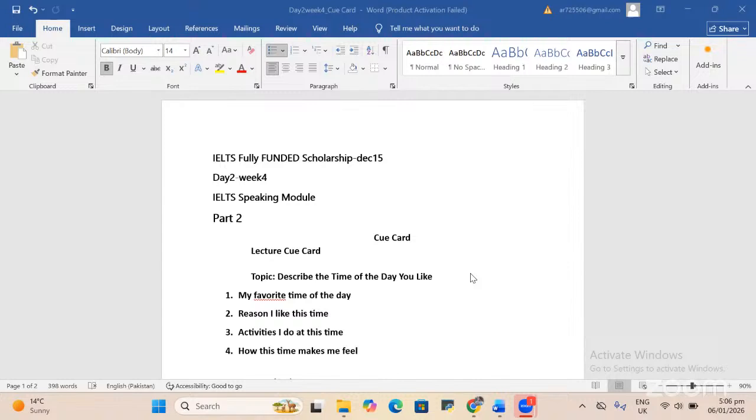These 4 points describe how you can develop your ideas and how you can explain within a limit. For example, in part one and part two, you just give the direct answer and then explain by using an example.